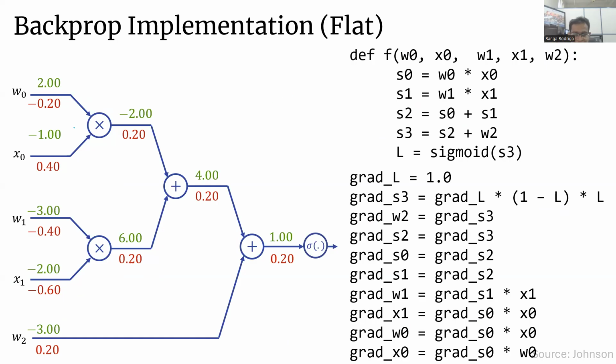Okay, so let's see the network that we had. We have the S node, W times X node. And we have S1, W1 times X1. And we have S2. And we have S3, W plus 1.